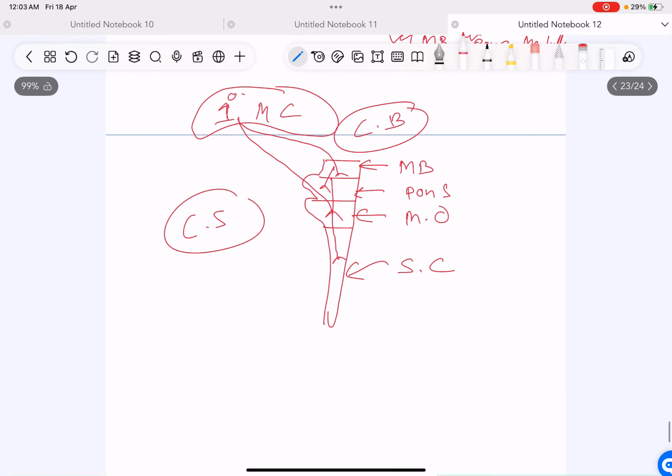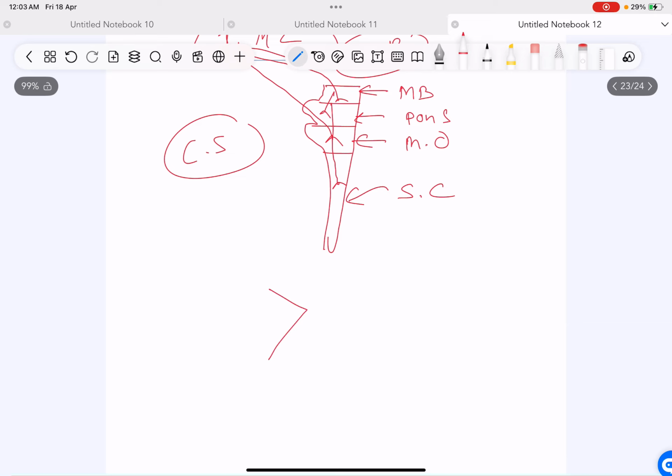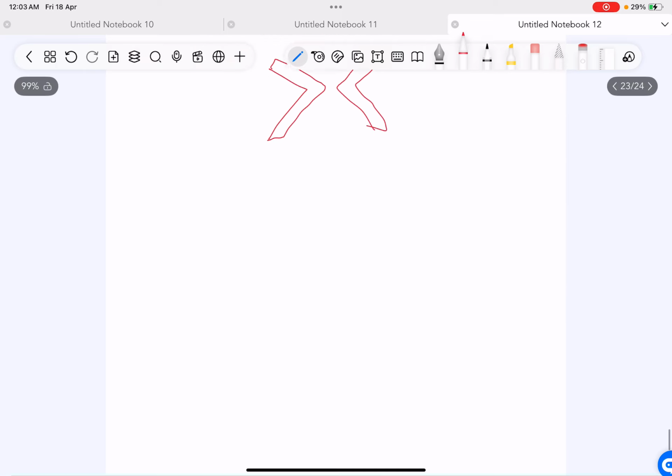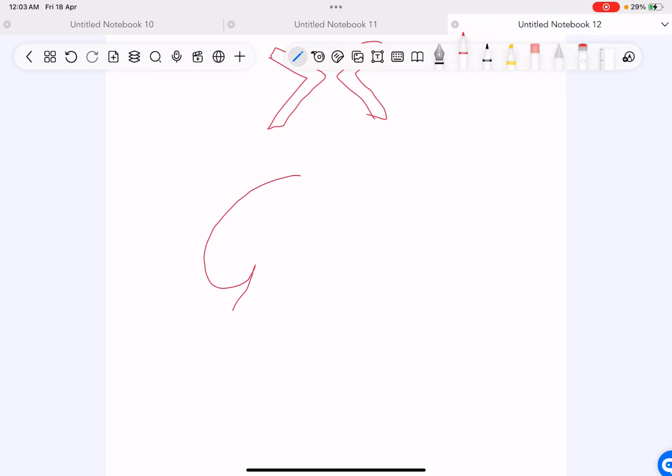Okay. And if we look at the internal capsule, we're looking from the top. For the corticospinal tract, we have to see from the top. So if we see from the top, this is the side view. Suppose this is the primary motor cortex.